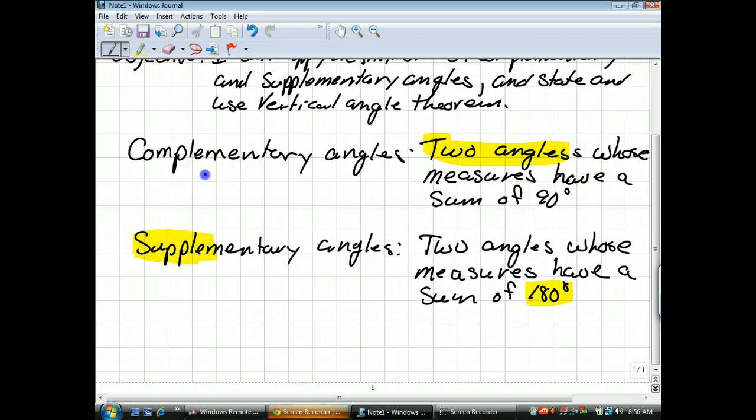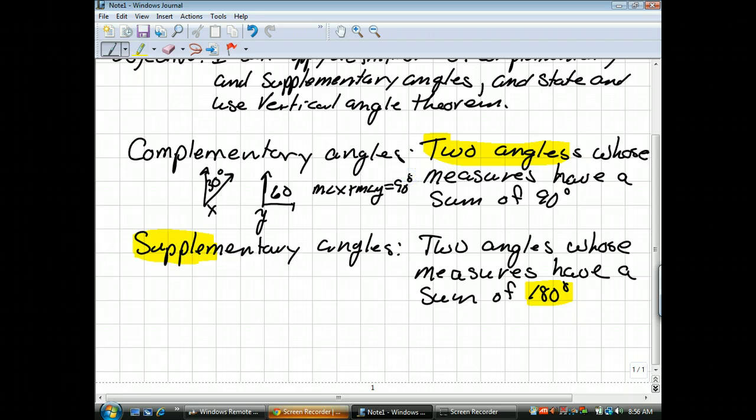So if I have, for instance, angle X whose measure is 30 degrees and angle Y whose measure is 60 degrees, then the measure of angle X plus the measure of angle Y equals 90 degrees.